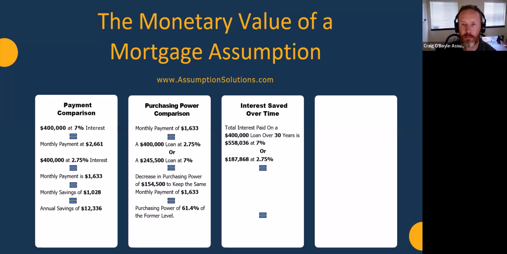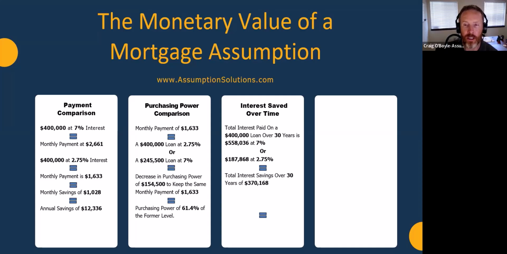So total interest paid on a $400,000 loan over 30 years is $558,000 and change at 7%, or $187,868 at 2.75%. That is on top of the principal that gets paid back over time. You still have to pay the $400,000, but you tack those on top. That's your interest over 30 years.